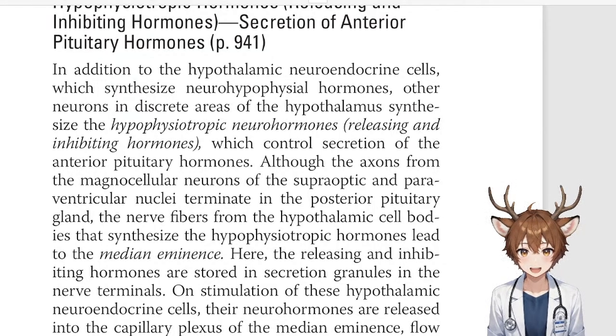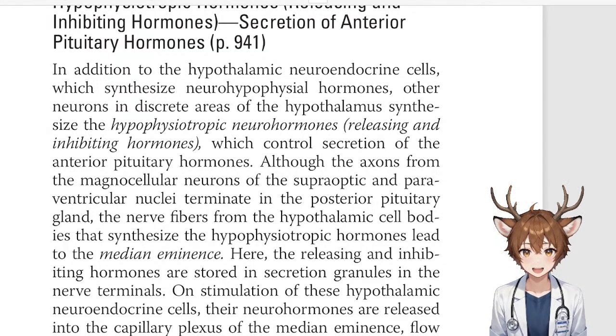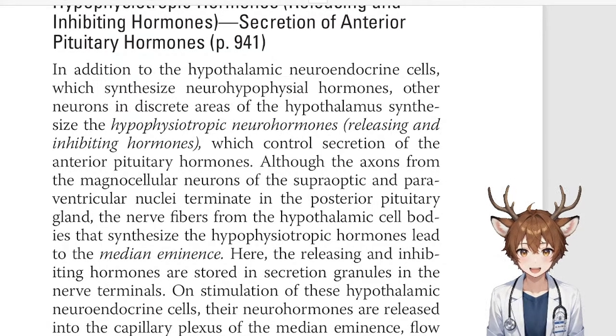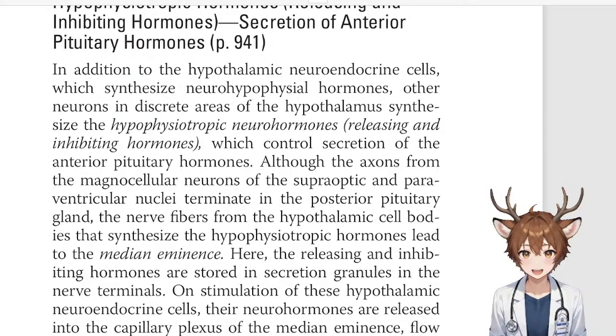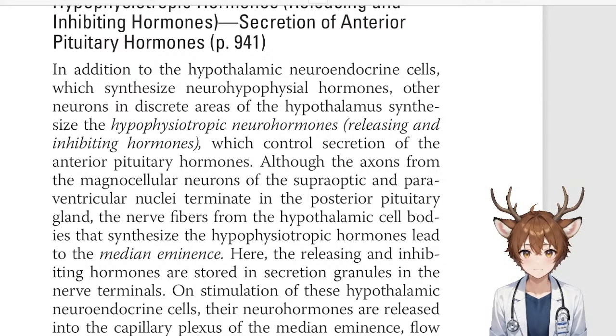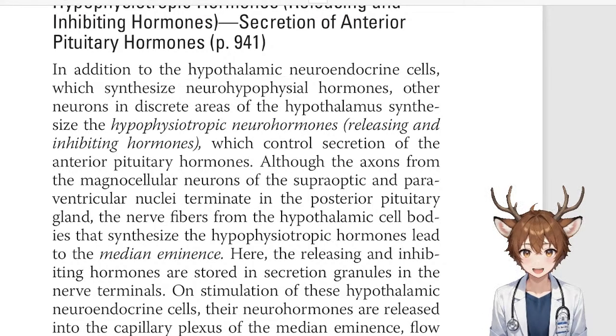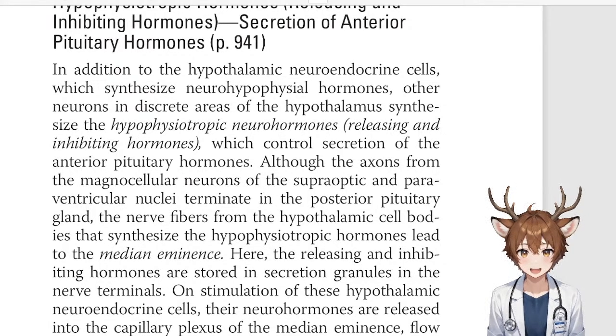Although the axons from the magnocellular neurons of the supraoptic and paraventricular nuclei terminate in the posterior pituitary gland, the nerve fibers from the hypothalamic cell bodies that synthesize the hypophysiotropic hormones lead to the median eminence. Here, the releasing and inhibiting hormones are stored in secretion granules in the nerve terminals.